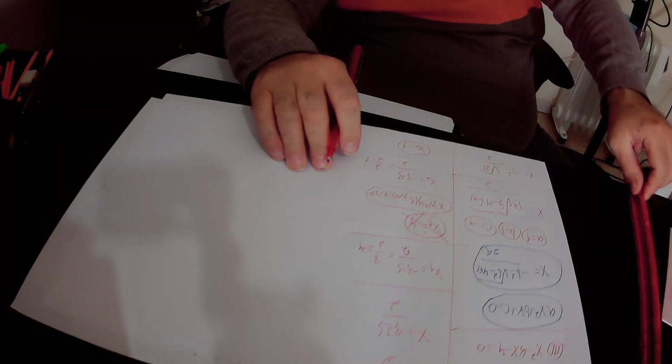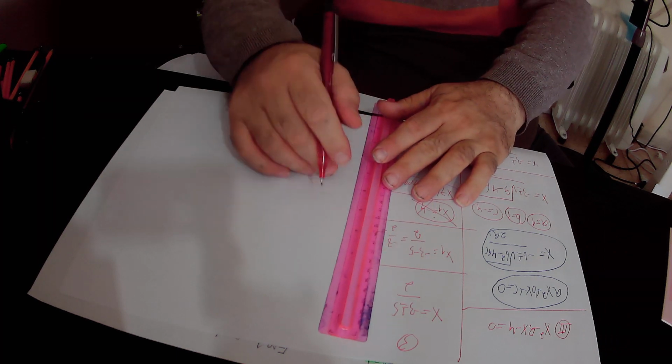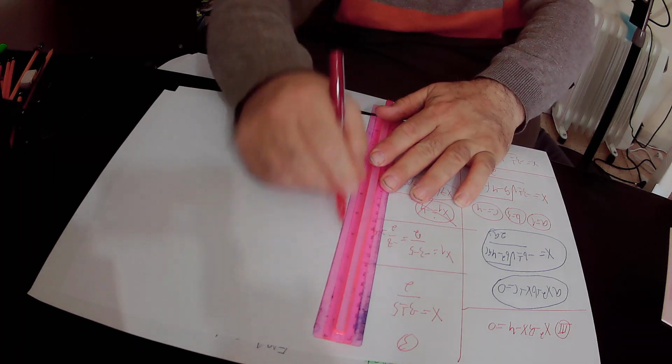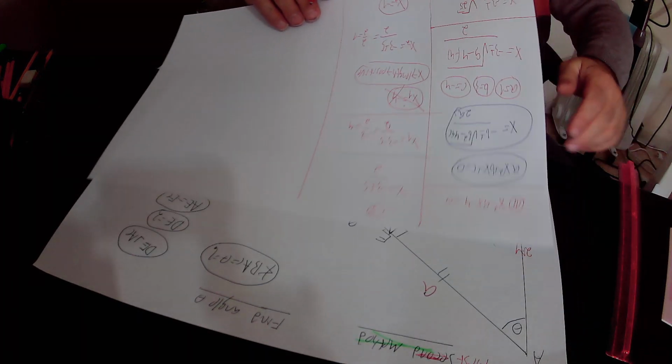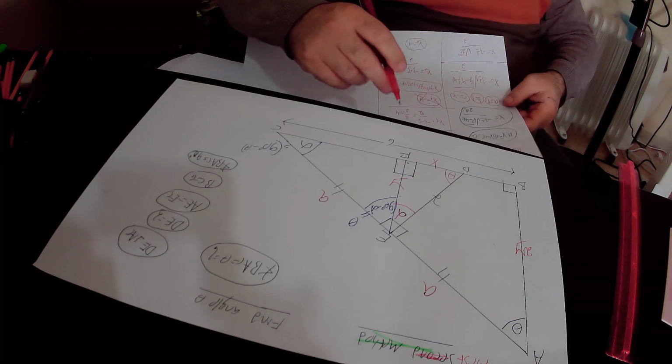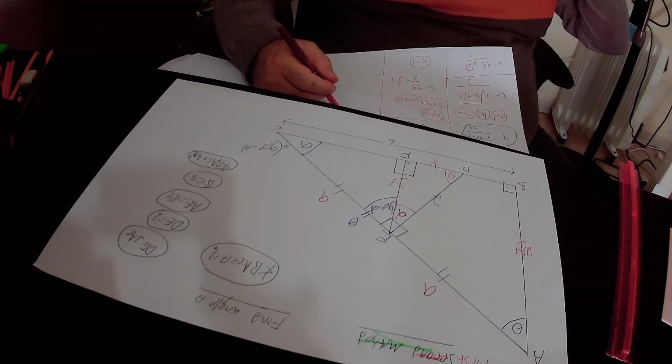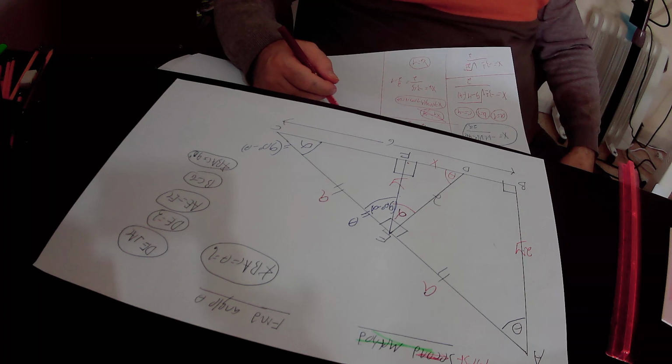So in the next step, I will copy the right triangle DEF in this page, and we will implement the Pythagoras theorem on the right triangle DEF.